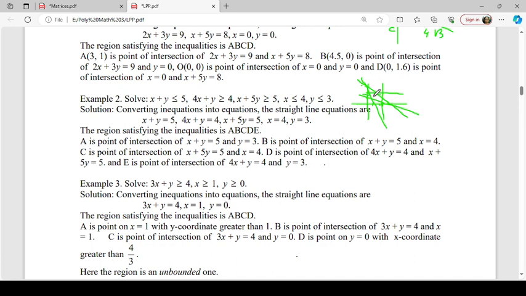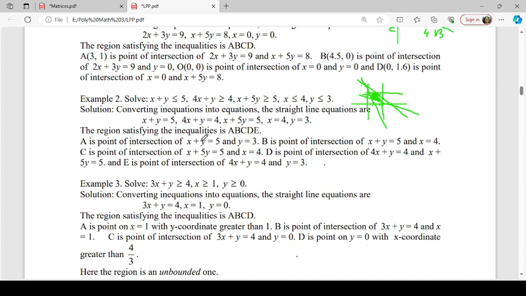So we find the points of intersection. This is one point, and we get 5 points. So A, B, C, D, E, we find them. So this is the region ABCDE, the solution of this. The points of intersection we can solve numerically.